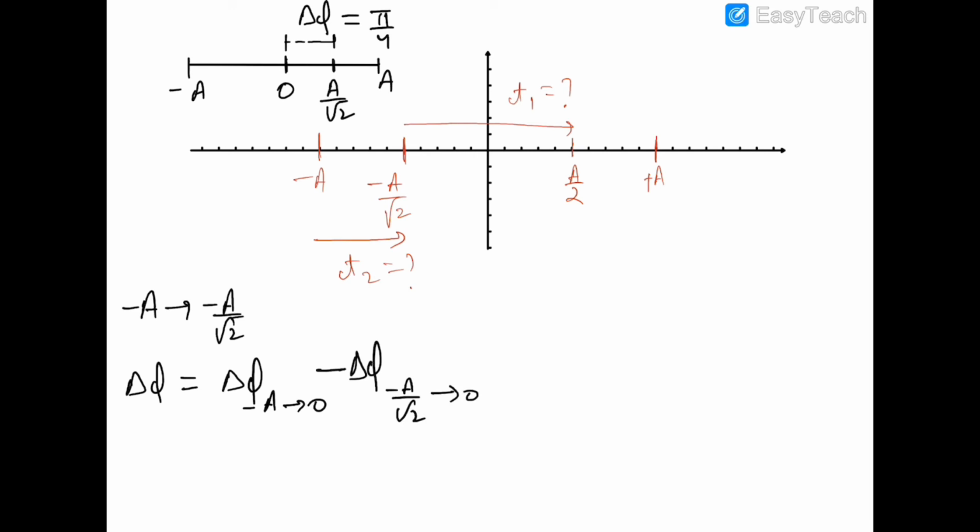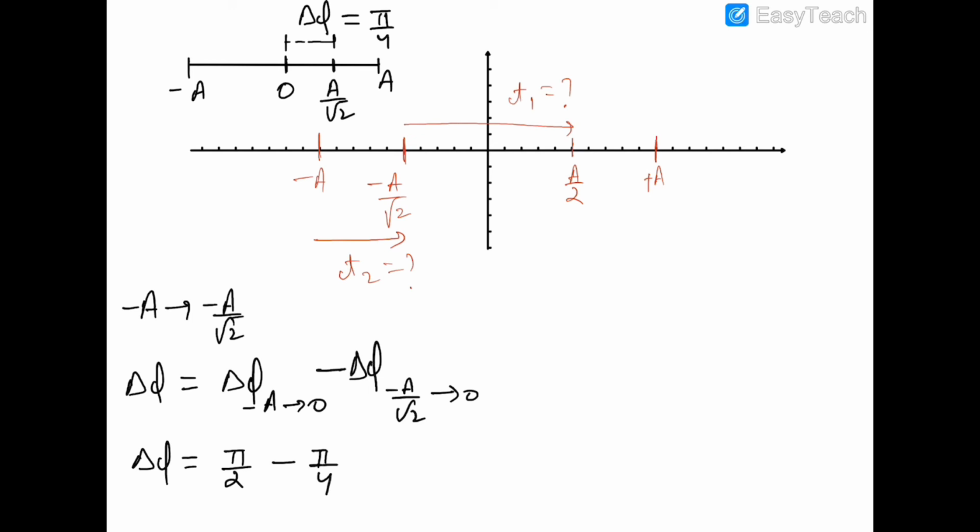So what I am writing is that the change of phase when the particle moves from minus a to minus a by root 2 is equal to the change of phase when the particle moves from minus a to 0, the origin, mean position, minus the change of phase when the particle moves from minus a by root 2 to origin. So we know that when the particle moves from minus a to mean position, the change of phase is pi by 2, minus, when the particle moves from minus a by root 2 to mean position, the change of phase is pi by 4.